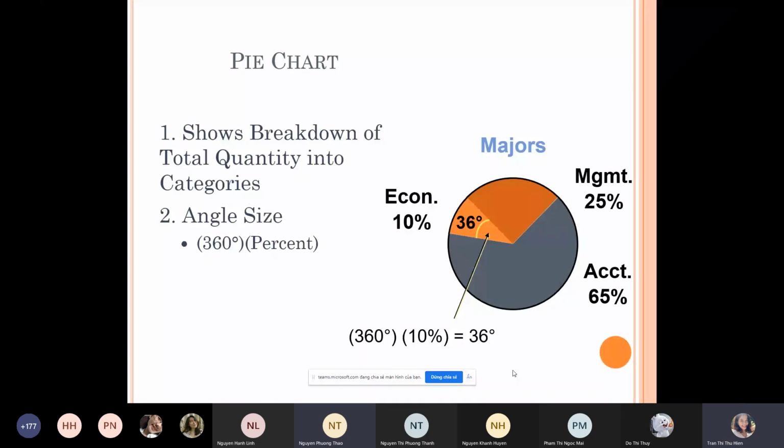So when you look at the pie charts, can you use the frequency in here? Can you use the frequency for the pie chart? No. See? For the bar chart, you can use the frequency.